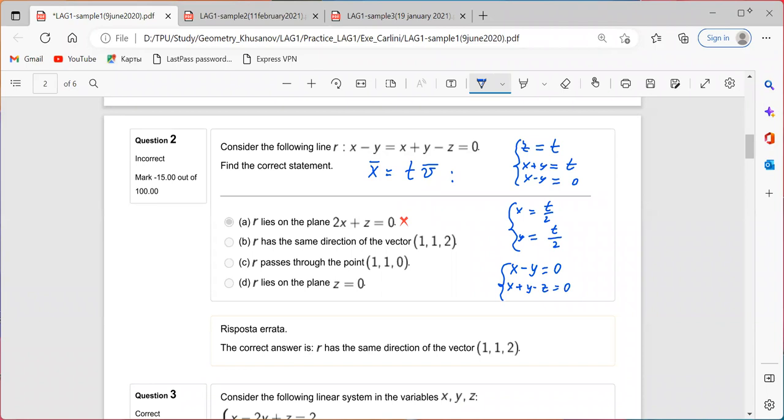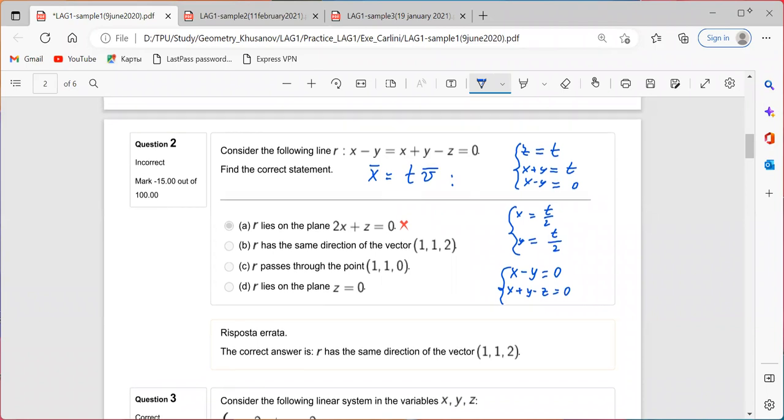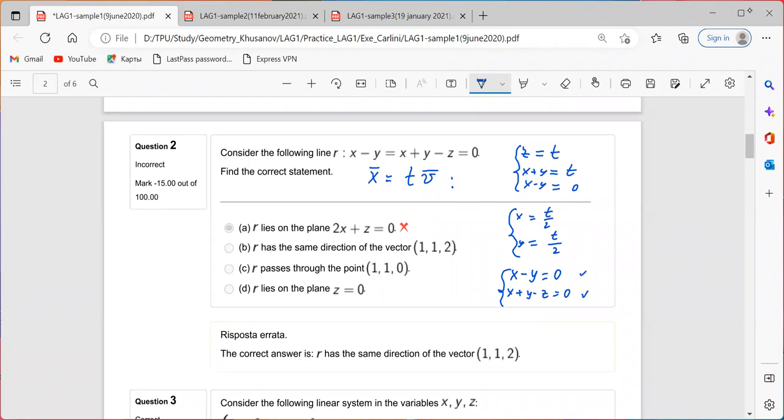What will be the meaning of each of these equations in this system? These are linear equations in 3-dimensional space. Any linear equation in 3-dimensional space will be a plane.